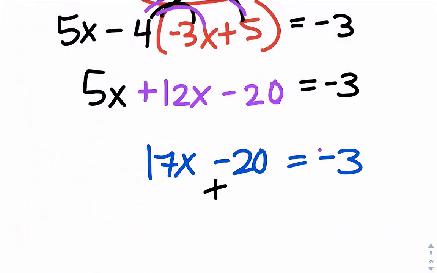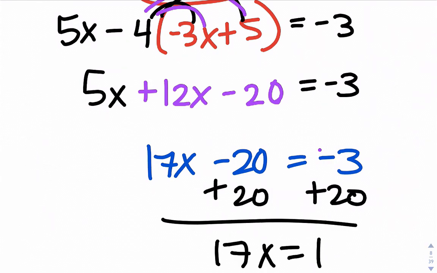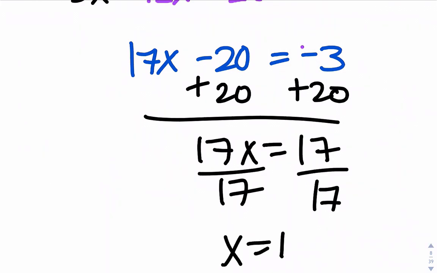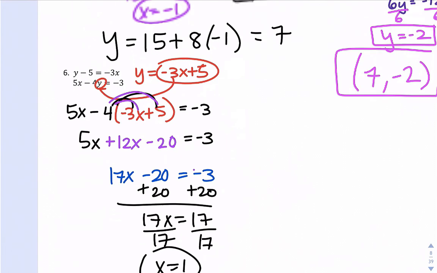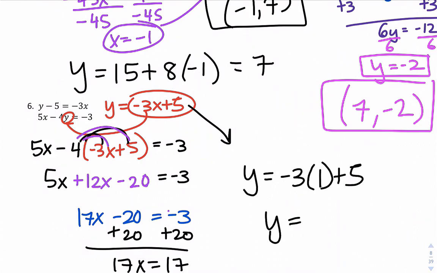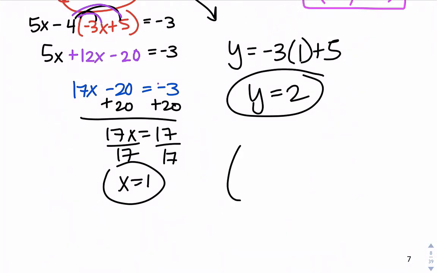We'll add 20 to each side. So we get 17x equals 17. Divide by 17. So x equals 1. So now to solve for y, pick any equation. This is going to be the easiest. So y equals negative 3 times 1 plus 5, which would give us 2. So these two lines cross at 1, 2.